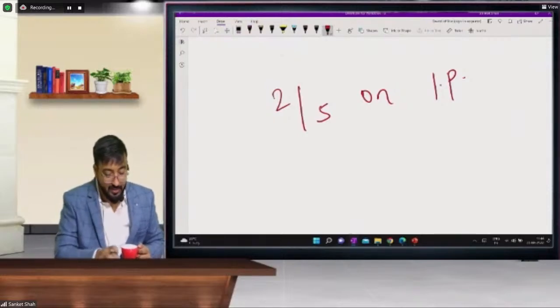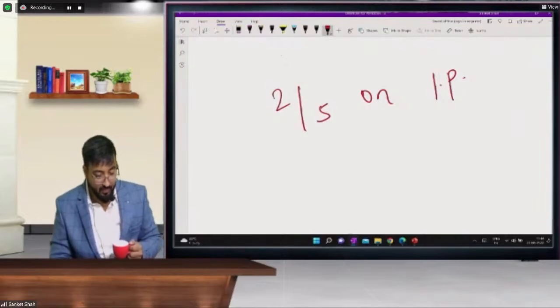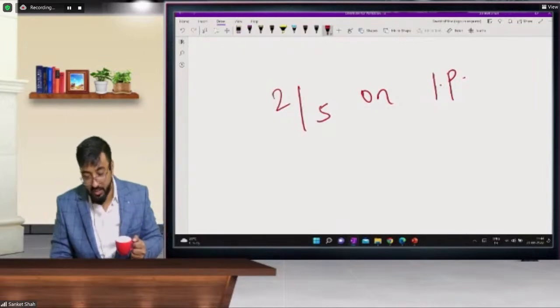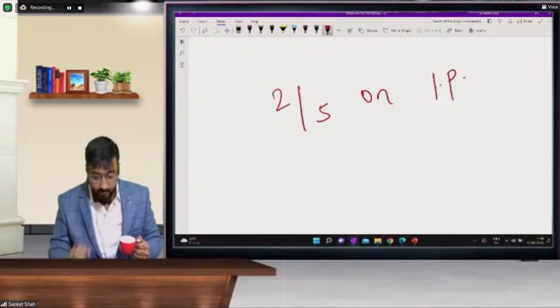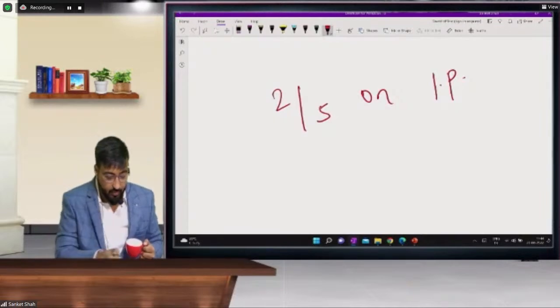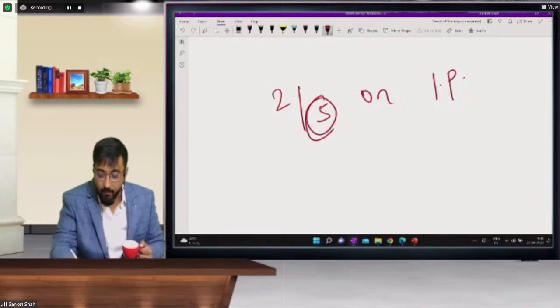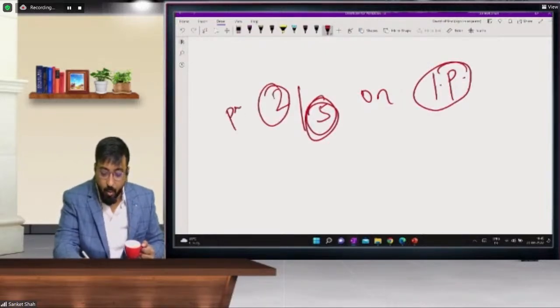Bansuri has now written correctly, Malay has written correctly. 5 will be invoice price, 2 will be profit.